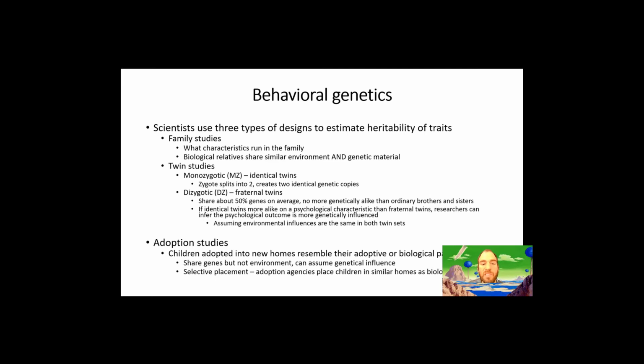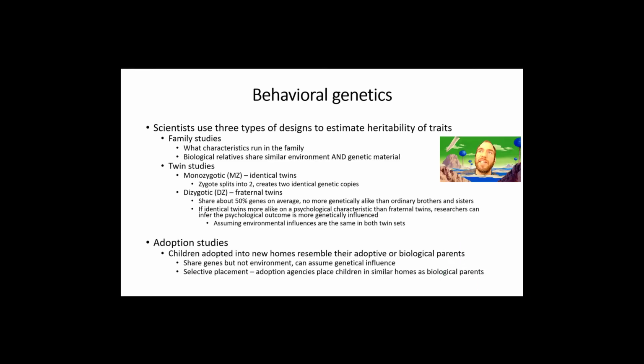Adoption agencies place children in homes similar to those of their biological parents. So the idea here is that, say your family is X race, X class, whatever. Adoption agencies try to reduce the stress on children by placing them into homes that are as similar as possible to their original homes.